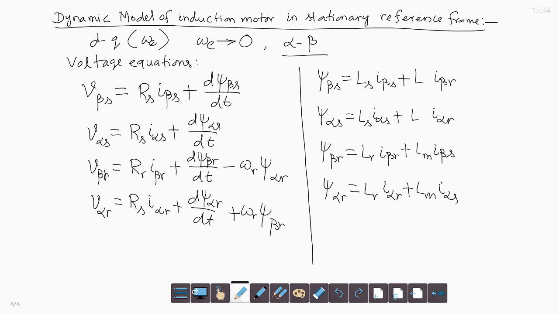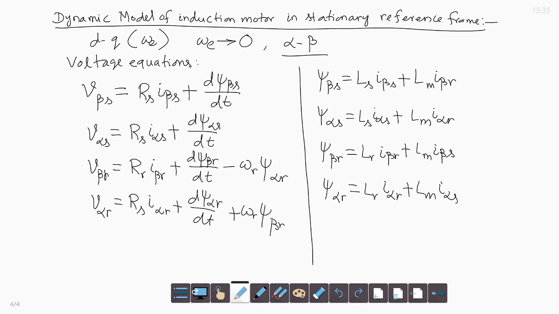So these are the flux linkage equations, and using these four voltage equations and four flux linkage equations, any model in the stationary reference frame can be derived using these 8 basic equations.